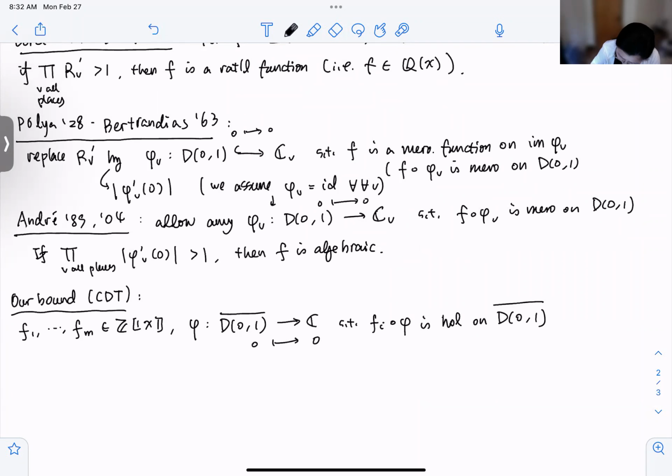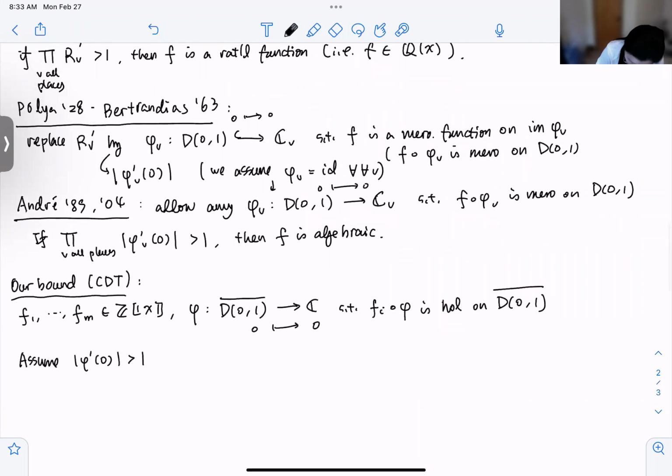I state the pullback to be holomorphic just to be compatible with what we wrote in the paper, but you can loosen the assumption to be meromorphic, and assume the derivative is greater than 1.